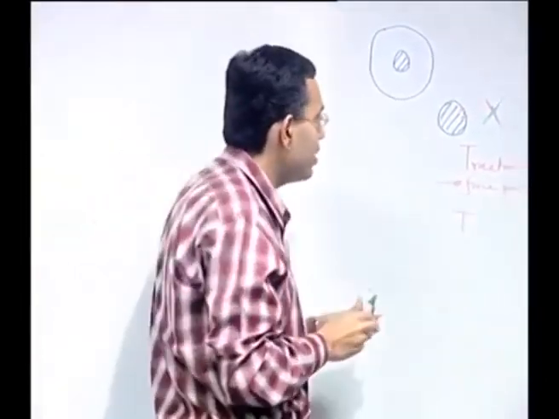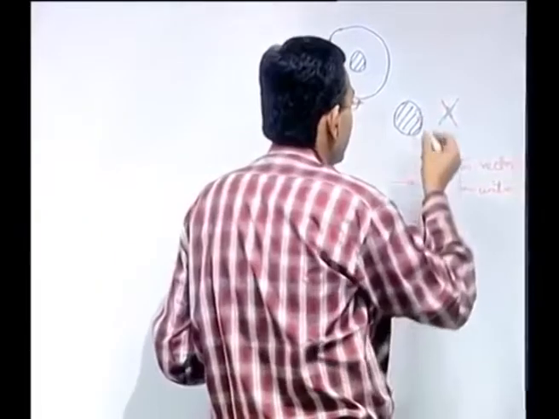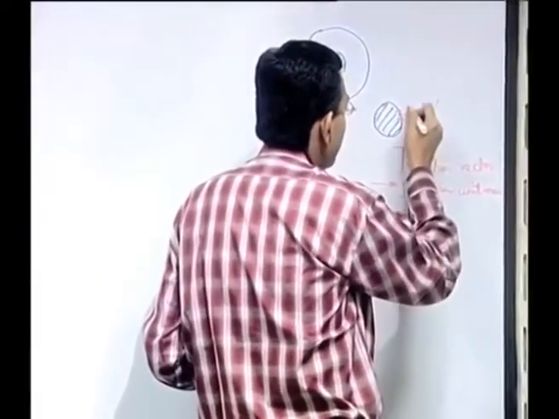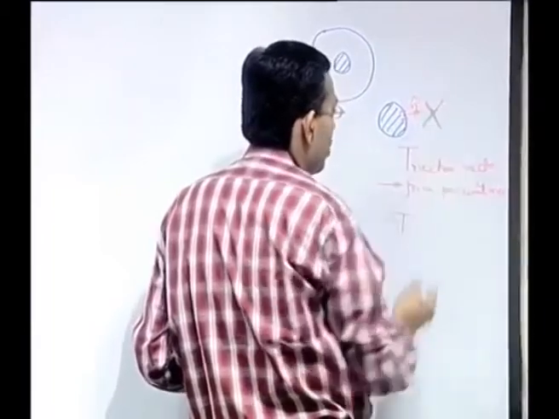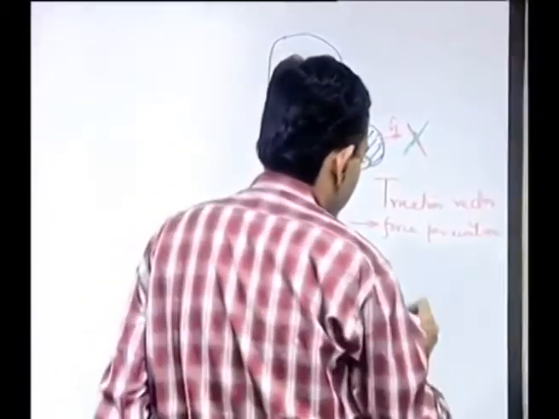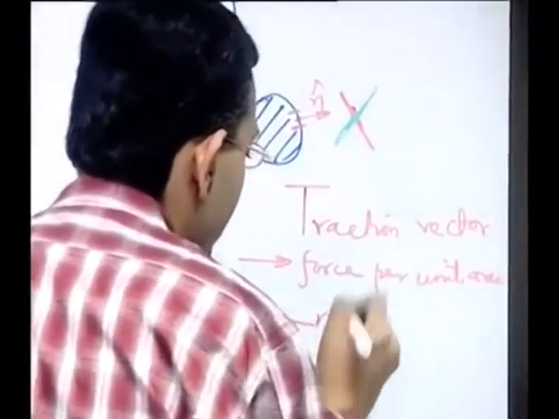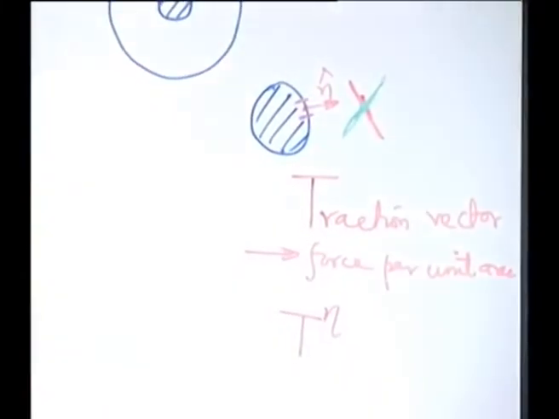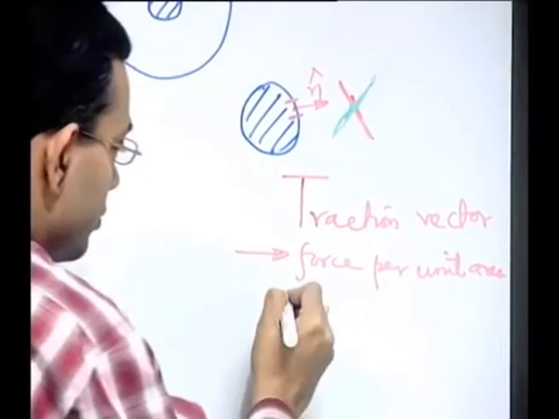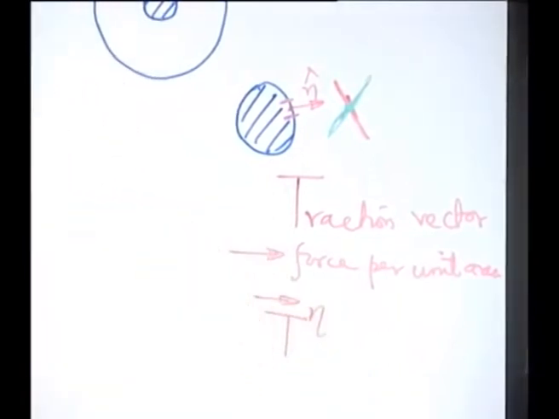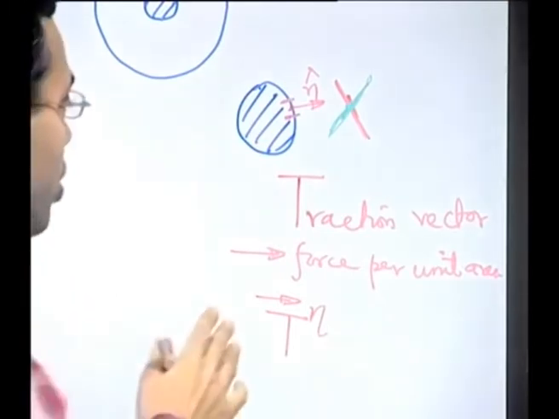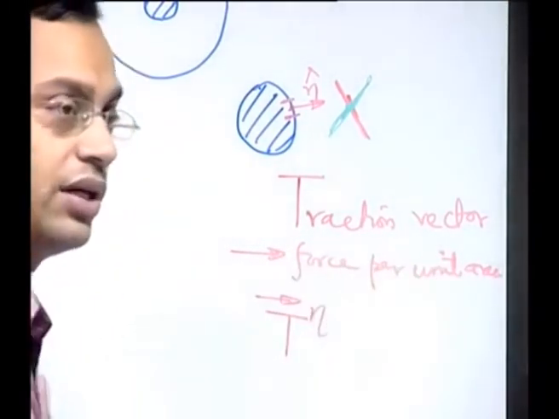The orientation of the area, as we have seen, is specified by a unit vector in the outward normal direction, which we call eta. So T with superscript eta is a formal way of designating the traction vector, where the superscript eta signifies the orientation of the normal to the surface on which this traction vector is calculated.